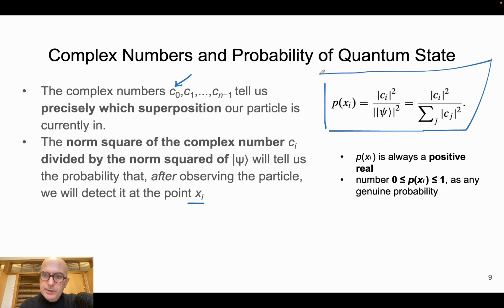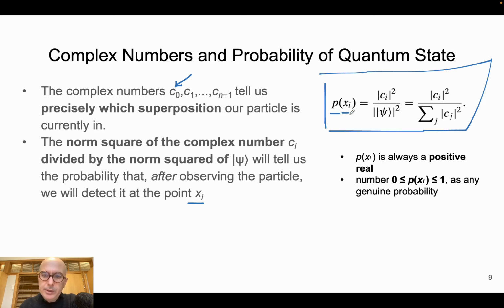It tells us what I just said in words: the probability of finding a particle in the quantum state xi, that is one of our grid points, is the square of the magnitude of the complex number, divided by the norm of all the vector, that is also squared.